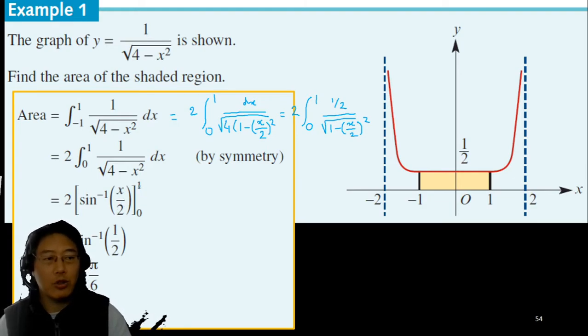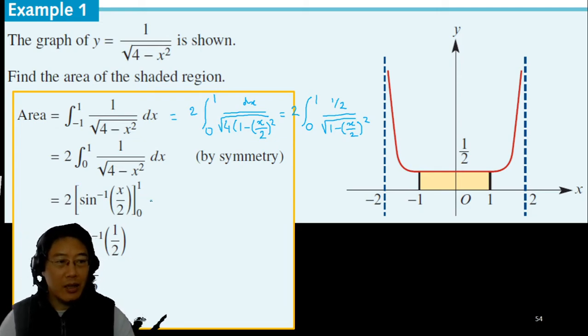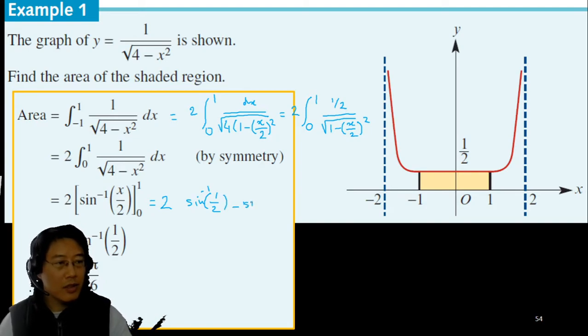Okay, the boundaries would be from 0 to 1. So here, that's what the square bracket represents, and you can substitute the square bracket by the difference of inverse of sine of 1 over 2 minus inverse of sine of 0 over 2.